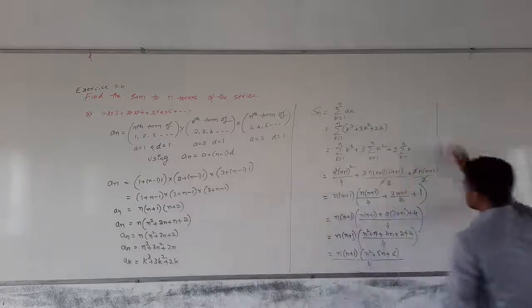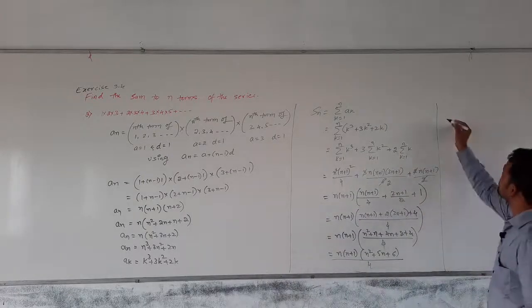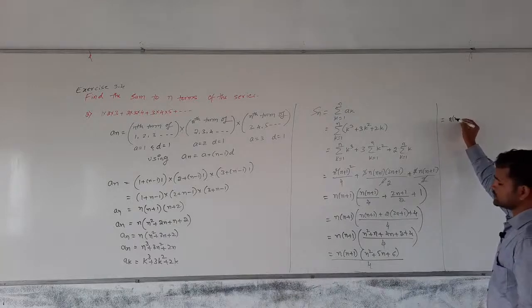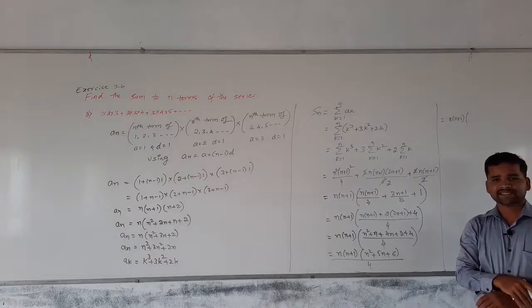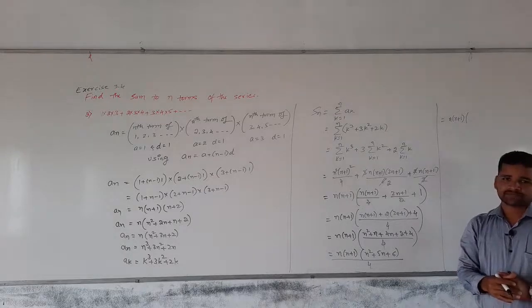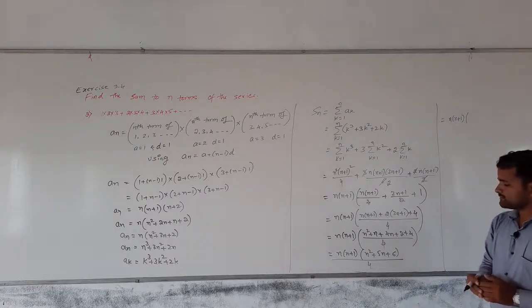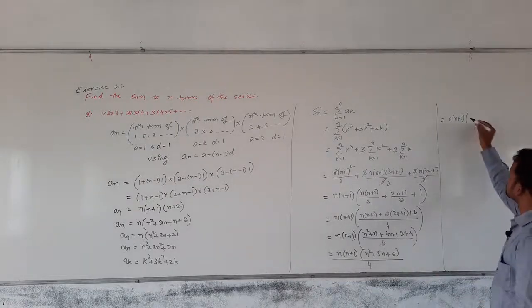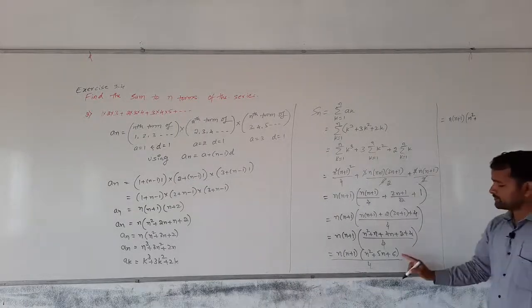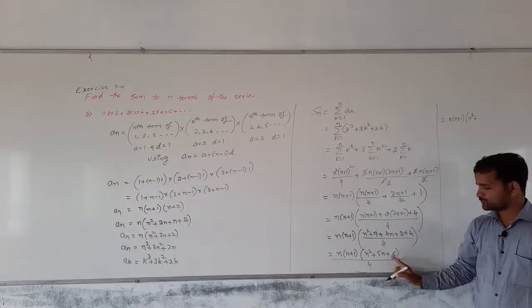Okay, this one we can simplify. This is equal to n into n plus 1 into, you see n square plus 5n plus 6 is a quadratic equation. This quadratic equation can be simplified by splitting the middle term. The product should be 6, the sum should be 5.